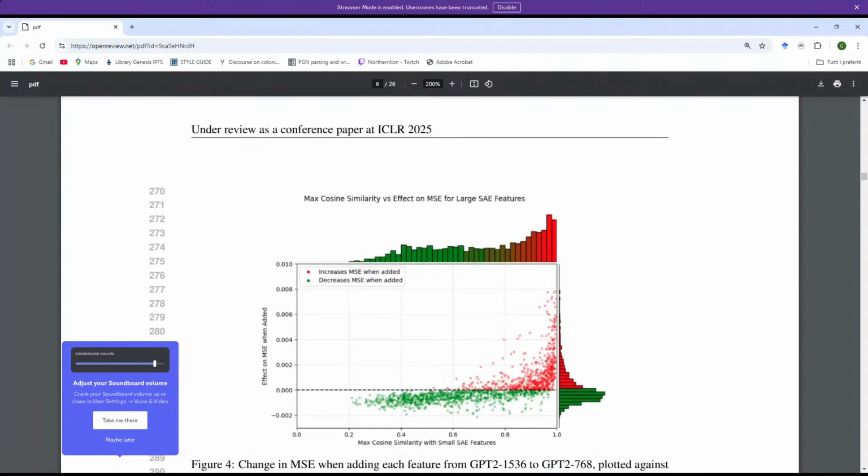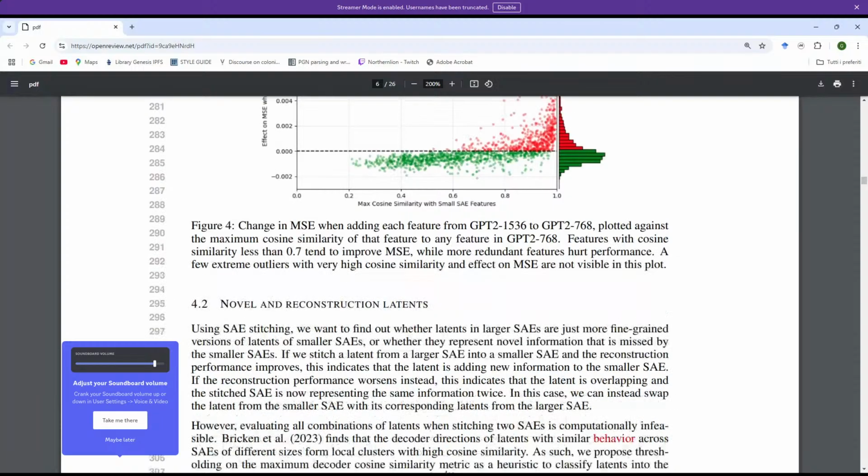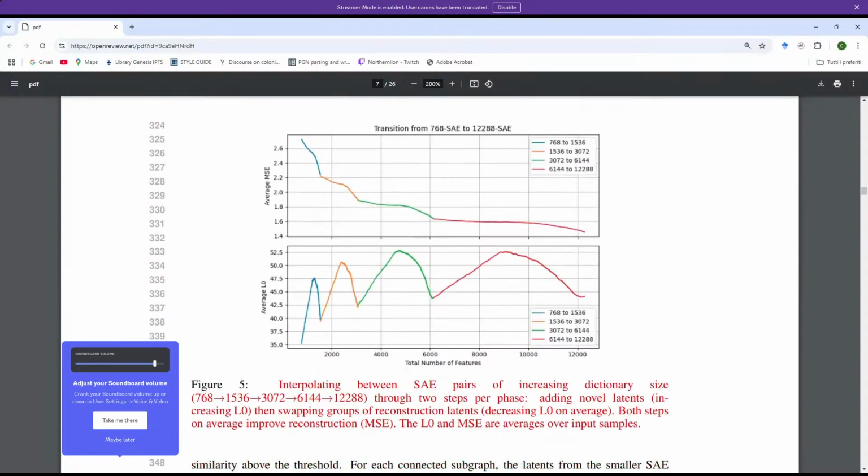Because if you go back to the interpolation figure, it seems, for example, if you take the smallest one and then the second smallest one, first they start by adding the novel latents, and then they start swapping the other ones. So suppose that at the very end of the first interpolation, they were able to swap all the latents from the smallest one. Does that mean that there is no latent that doesn't have a replacement in the bigger one?